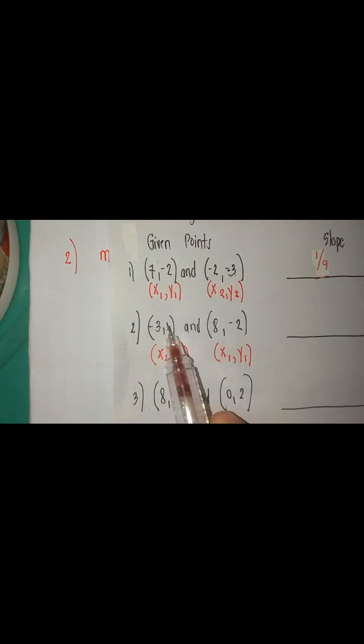Y sub 2 in our second item is here, which is 1. That is particularly positive 1. So we will write positive 1 here as our y sub 2.